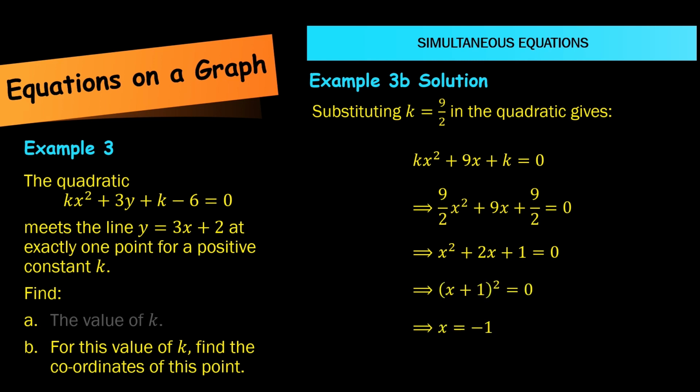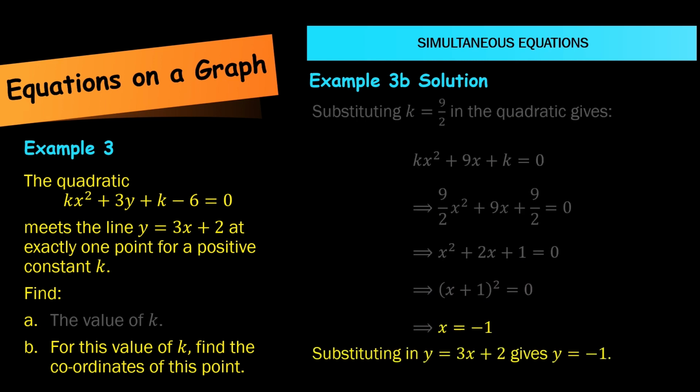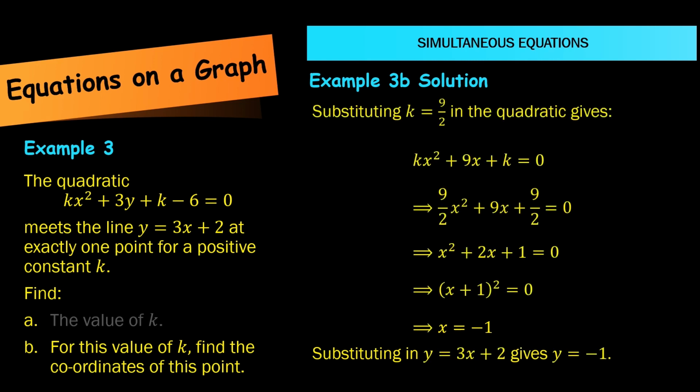We can now substitute in y equals 3x plus 2 to give us y equals minus 1, as shown. So the point of intersection is minus 1 for x and minus 1 for y.